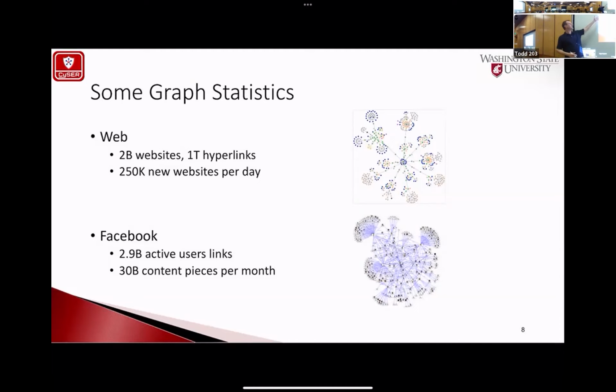But the main thing we're faced with, it doesn't matter whether this is Facebook or the web, or this is WSU or your favorite government agency. We've got tons of entities, whether it's websites or people. We have tons of links, whether it's hyperlinks or likes or whatever it happens to be.